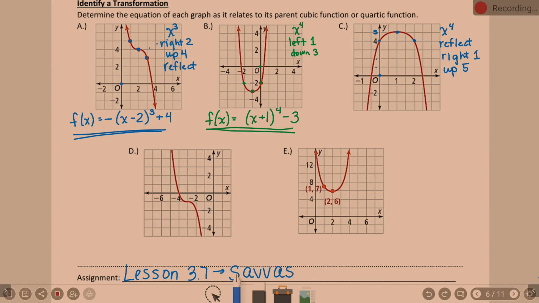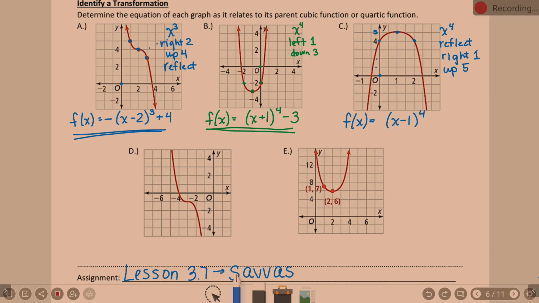So f of x equals, are you getting the hang of writing these? In parentheses, we're going to go right 1, which is x minus 1. My power is x to the 4th. That's always going to go outside the parentheses if you have a left or a right.